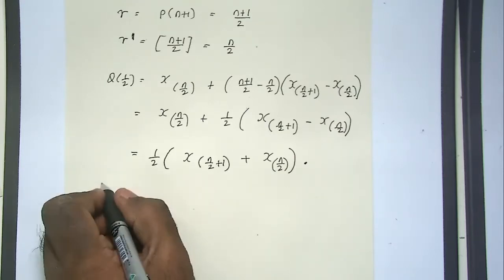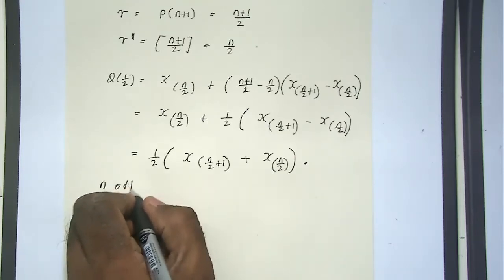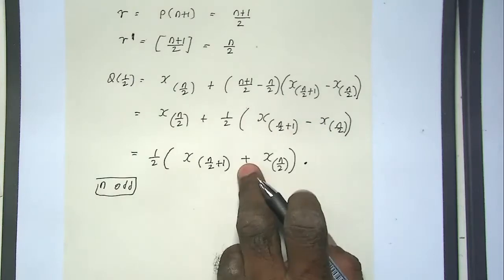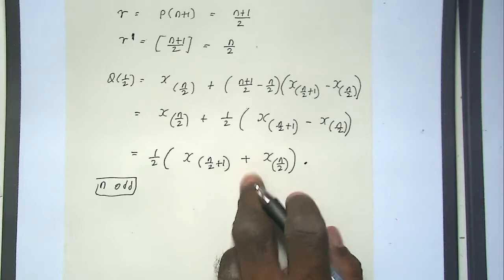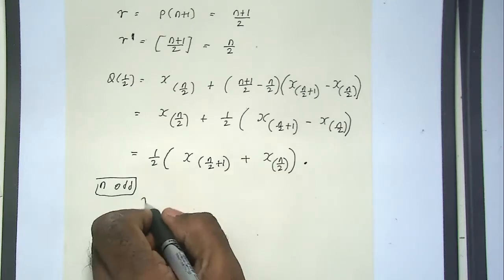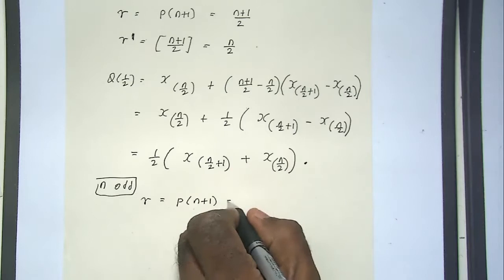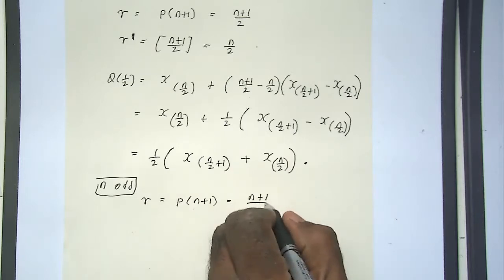Now when n is odd, is this clear to you guys, all this? Yes? So if n is odd, r is p times (n plus 1), which is (n plus 1) divided by 2.